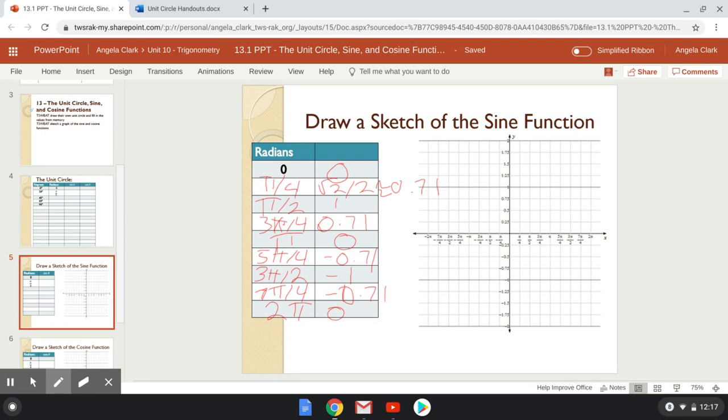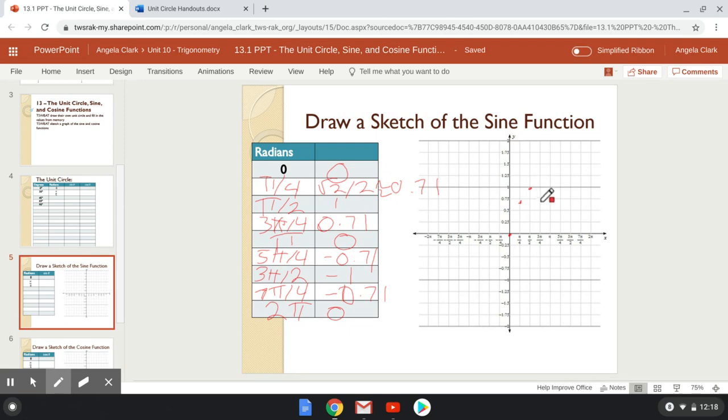All right. So graphing that, we're going to start here at 0. We have 0. And then we're going to have 0.71. So we're just below this 0.75, right? 0.71. And then 1.